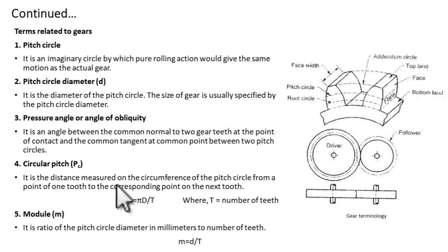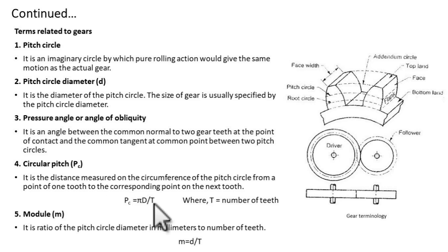What is the meaning of corresponding point? If you consider a point here, the corresponding point of this position on the other tooth would be this point. So this is the meaning of corresponding point.